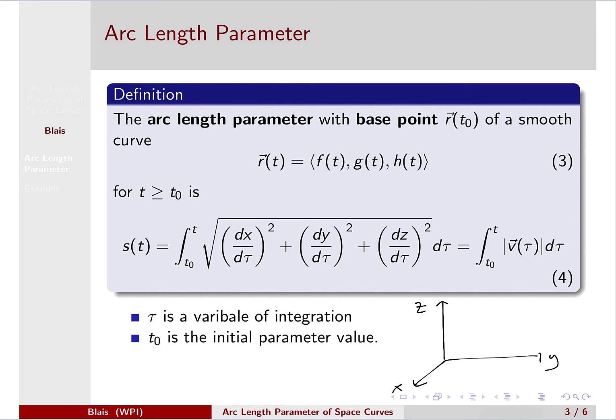So you could program a routine where at time 0, your drone starts at the origin, and then as you run the clock and the drone moves in space, at any time t, s of t tells you how far the drone has traveled.